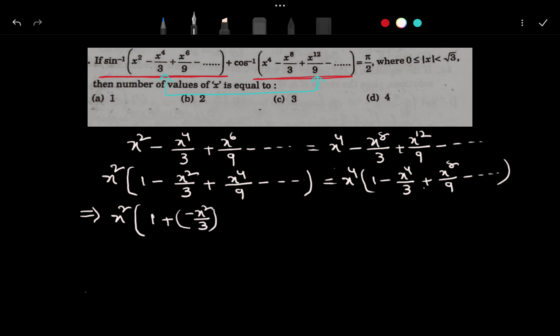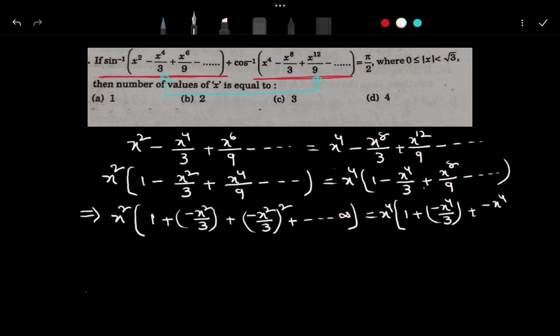So this is the first term, plus the next one will be minus x square by 3 whole square, minus plus and so on to infinity, is equal to x to the power of 4 into, here also 1 plus minus x to the power of 4 by 3 plus the next one is minus x to the power of 4 by 3 whole square plus and so on to infinity. So this is the right side value.